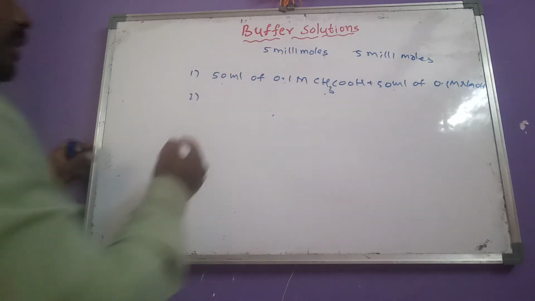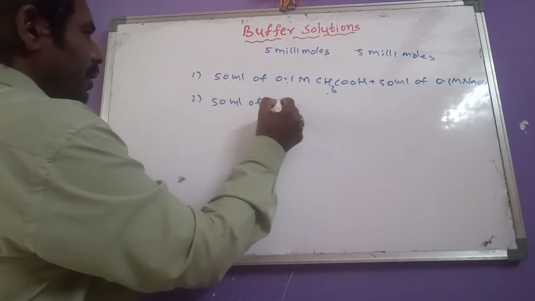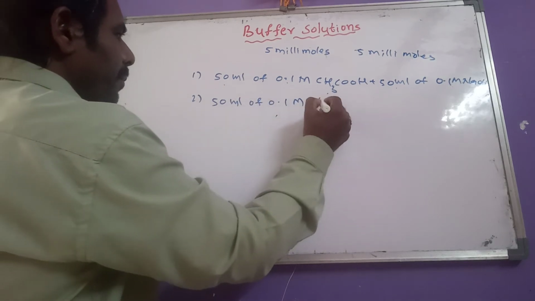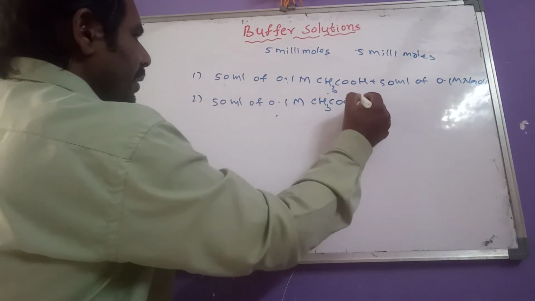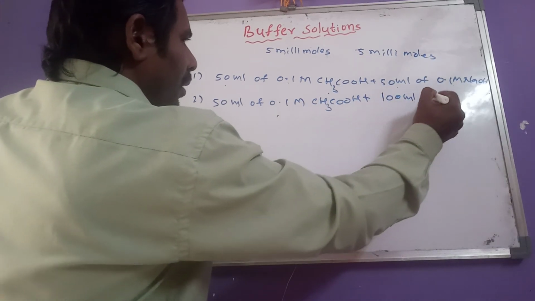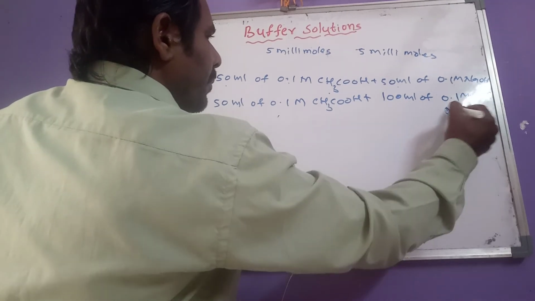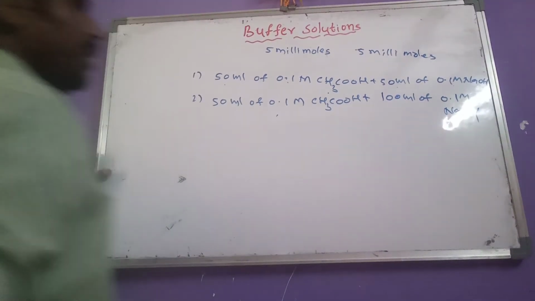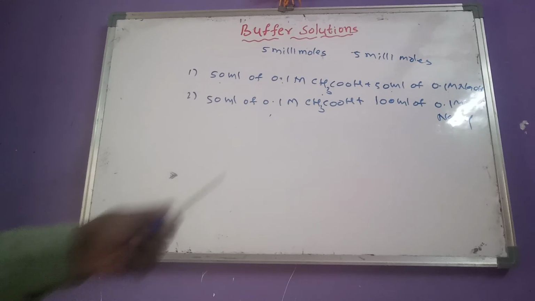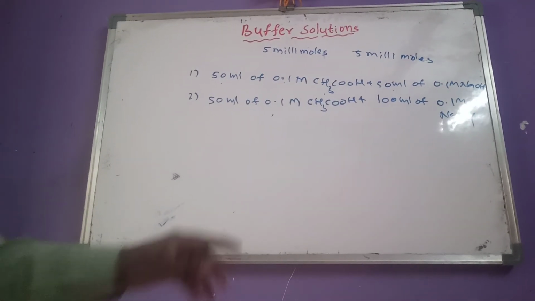Now come to the second example: 50 ml of 0.1 M acetic acid plus 100 ml of 0.1 M NaOH. So first we have to multiply this molarity with volume to calculate millimoles.